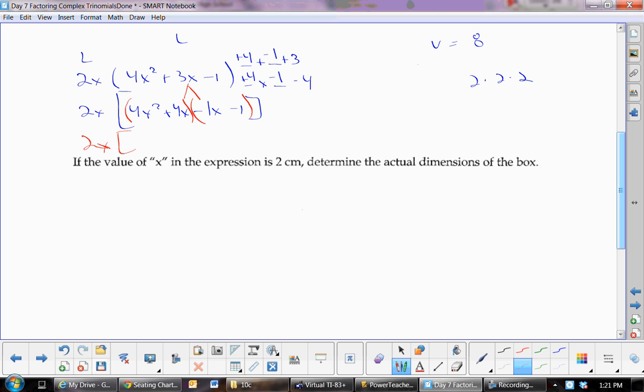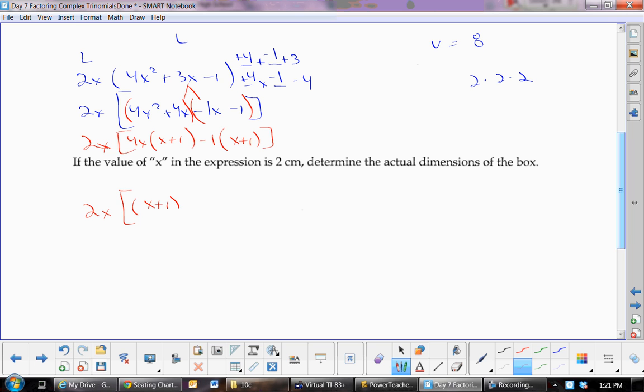Anything I can take out of 4x squared plus 4x? 4x, leaving me with x plus 1. I can take out a negative 1, leaving me with x plus 1. So I've got my 2x on the outside, and then what can I factor out now?